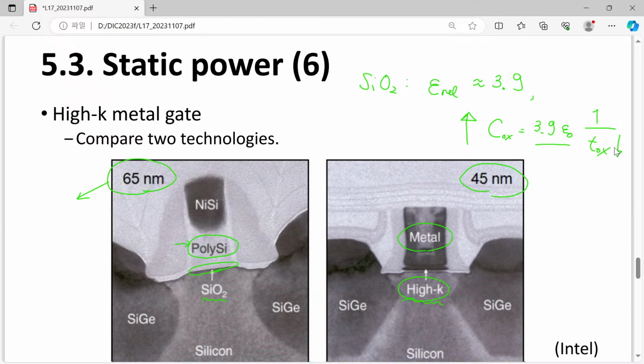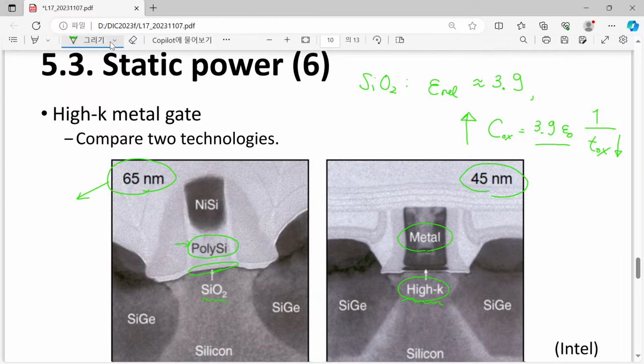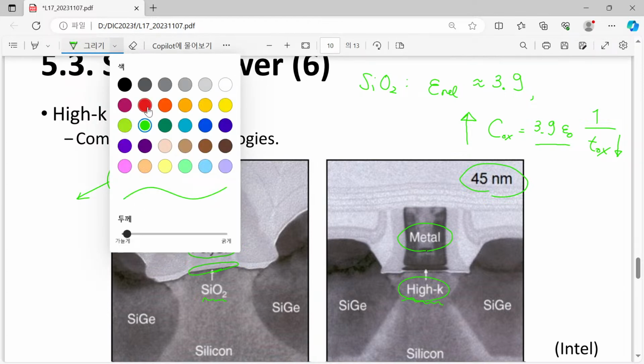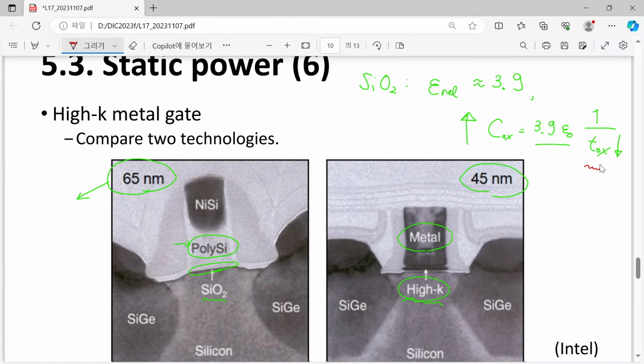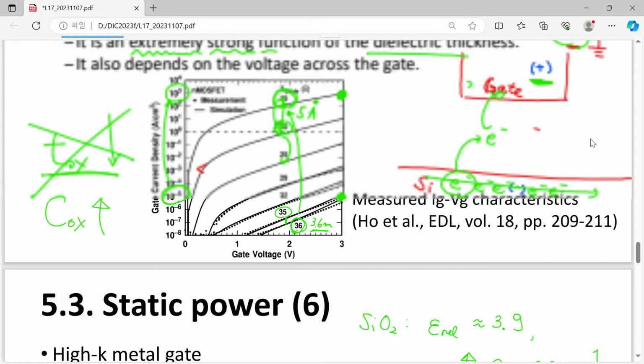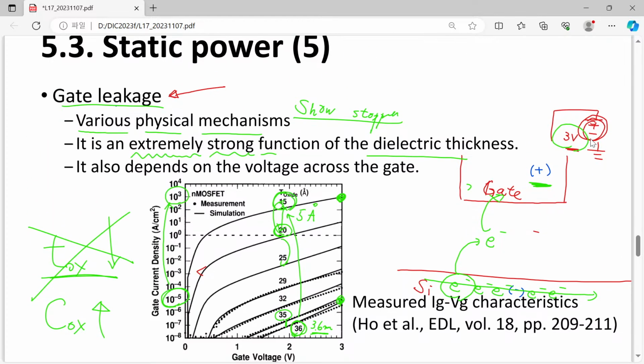Make the oxide thinner, then you will get higher capacitance. That was the previous situation. However, as I told you before, if you reduce this oxide thickness too aggressively, then the leakage current becomes the showstopper.